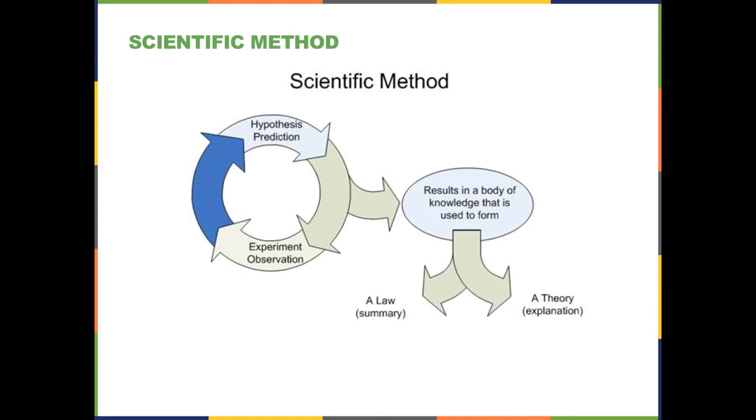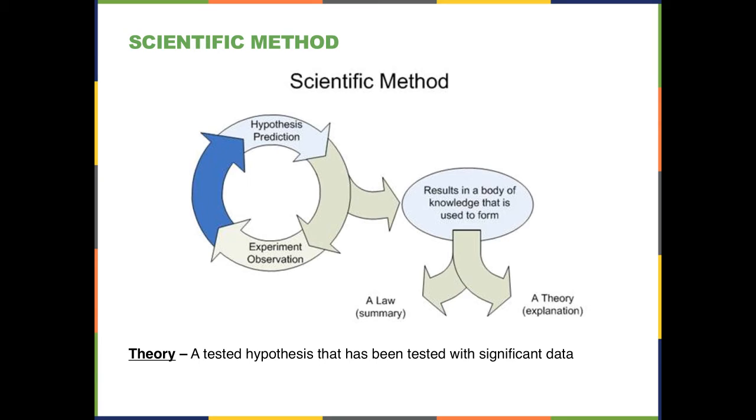So when we talk about scientific method, we have to understand that in doing this, we generate a series of understandings or results that become part of the body of knowledge that we have. And those results can ultimately become what is known as a theory. So if you look at this diagram, you see on the left is the scientific method going through its process.